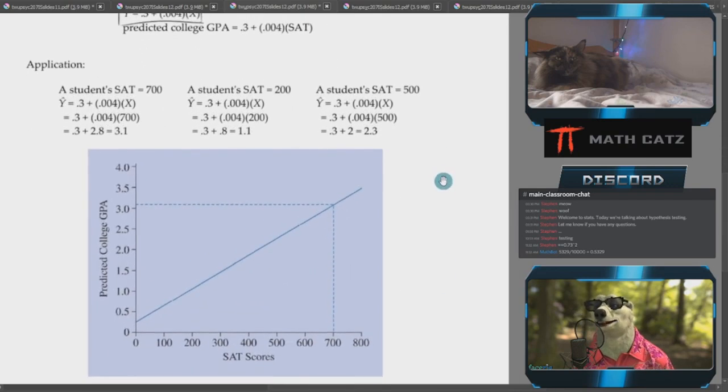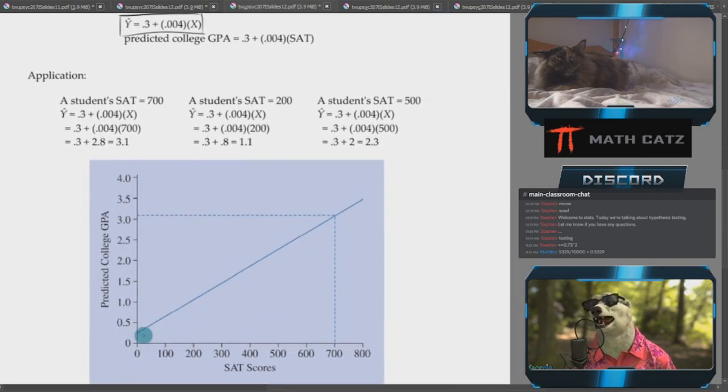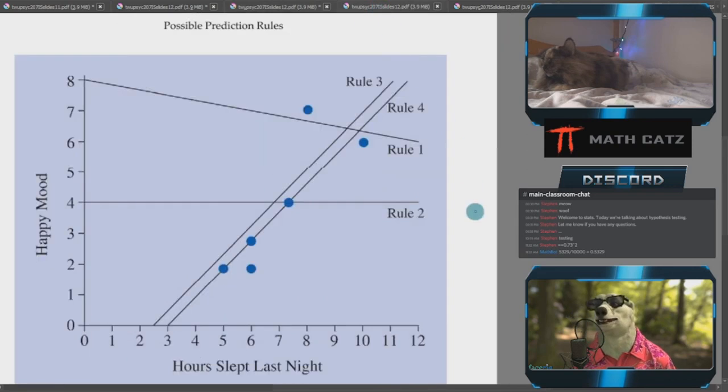So I have my formula, which corresponds to some straight line that attempts to describe how I can use one variable to predict the other variable. However, there are many lines.